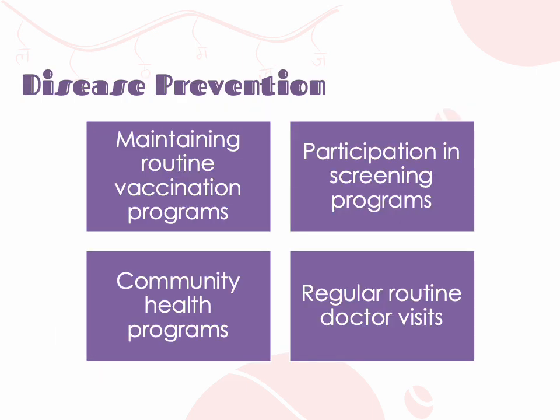Here are other areas of disease prevention, and I like to take a segue to talk about primary prevention, secondary prevention, and tertiary prevention. So when we talk about primary prevention, this is the protection from developing a disease. So again, this is kind of like your prophylaxis, or you don't want disease to start.